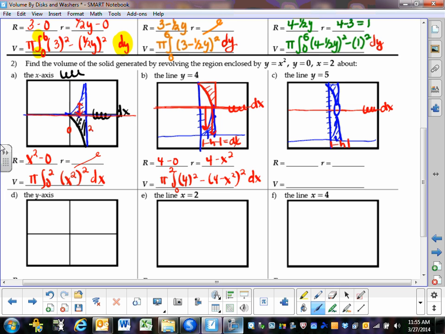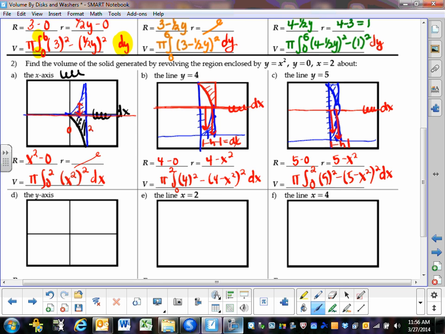Starting from the center and going toward the outside of the original shape, the inside radius now is 5 minus the curve x squared. The outside radius goes all the way from 5 down to 0. So it's pi, the height, again, is from x is 0 to x is 2, outside radius squared minus inside radius squared.